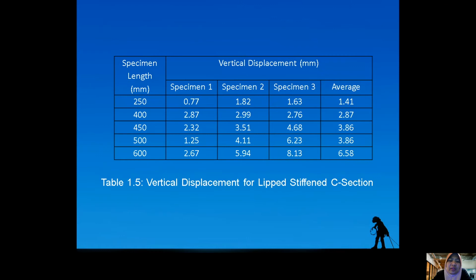This one is the vertical displacement for the lip stiffened C-section. The most displacement happened for specimen length 600, where the average is 658 millimeter displacement.